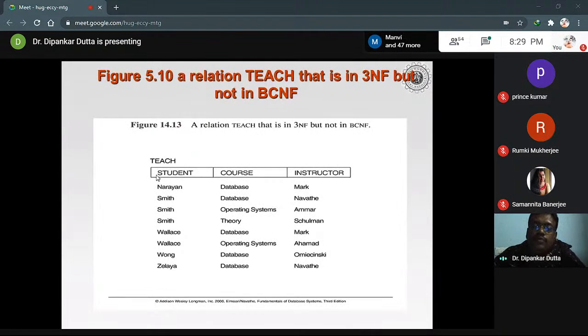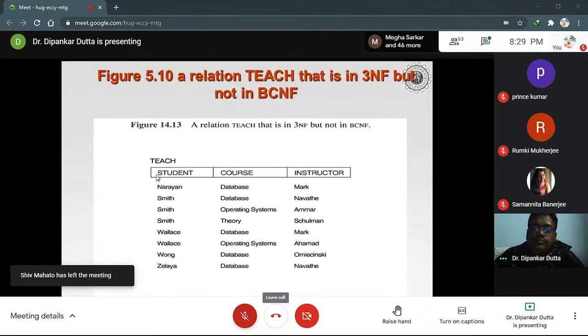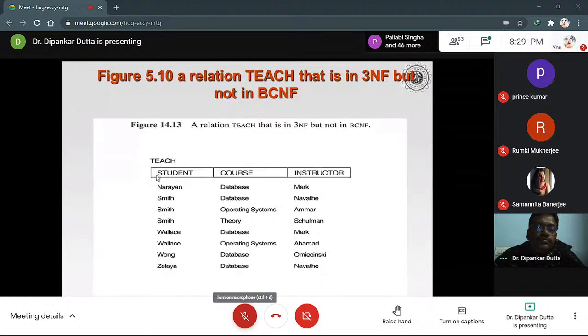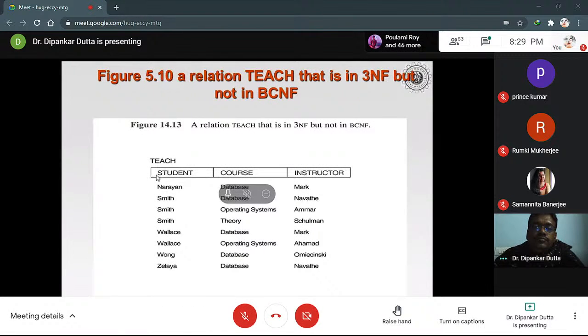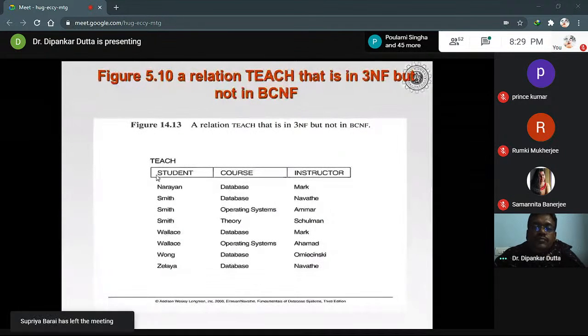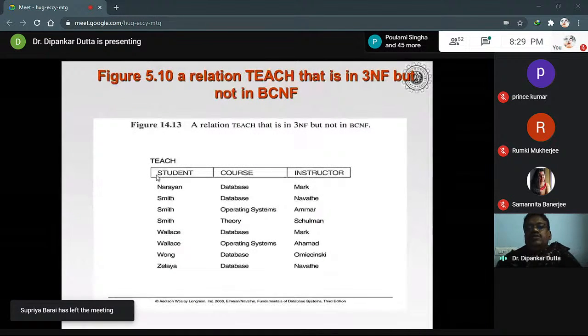Can you explain why we are saying this? What is the definition of 3NF?